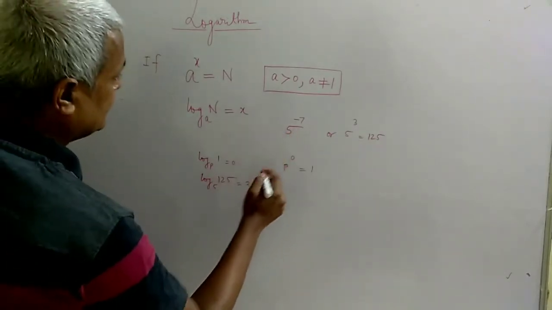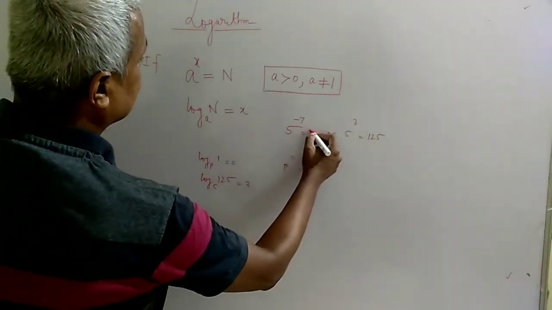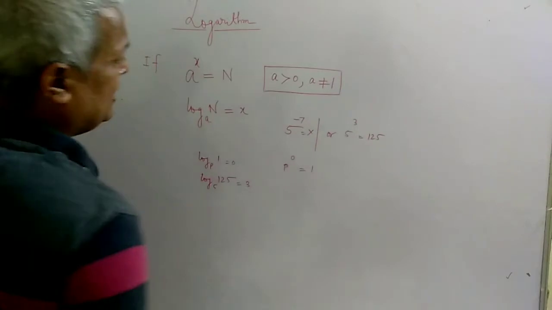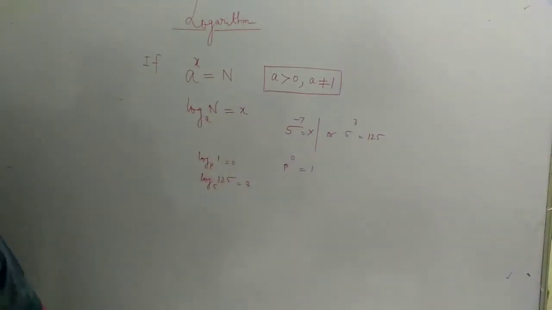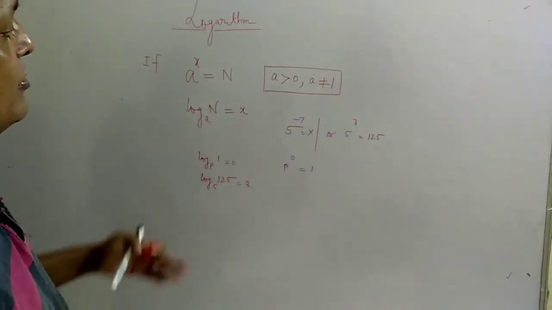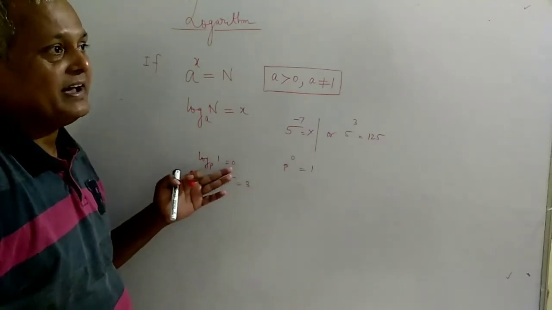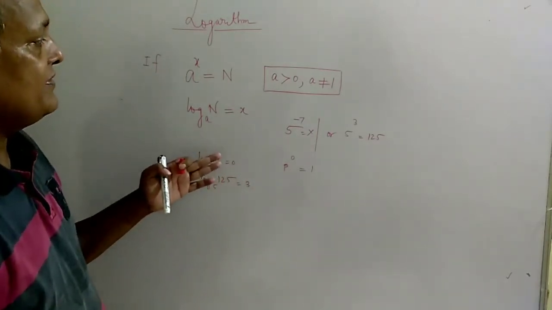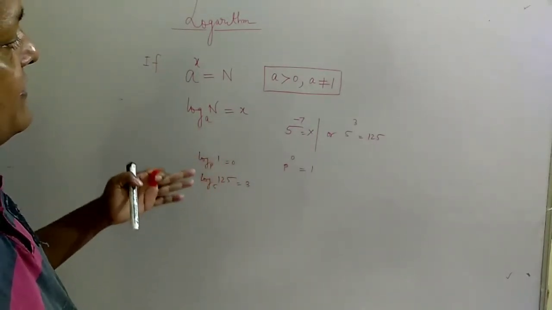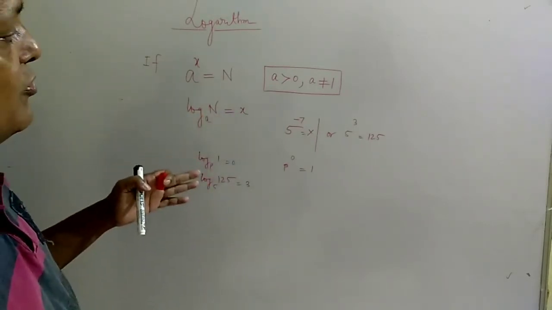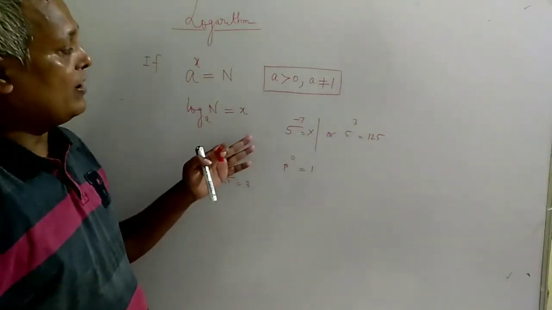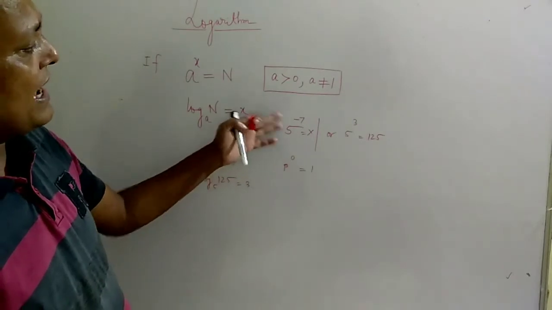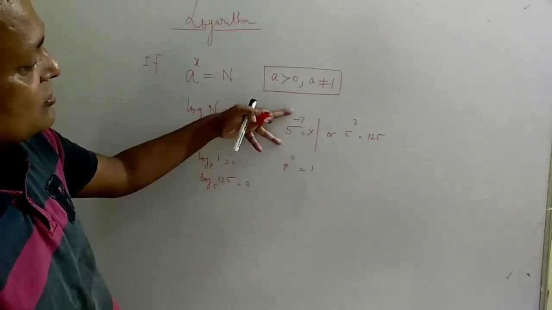And here, 5 to the power -7, I say this is x, because this is 1 upon 5 to the power 7. 5 to the power 2 is 25, 3 is 125, 4 is 625, and so on. I'm not going into computing this, because this is definitely going to give you a number.